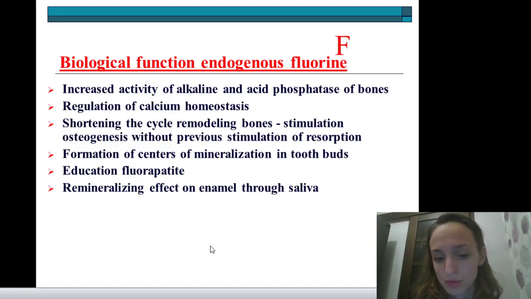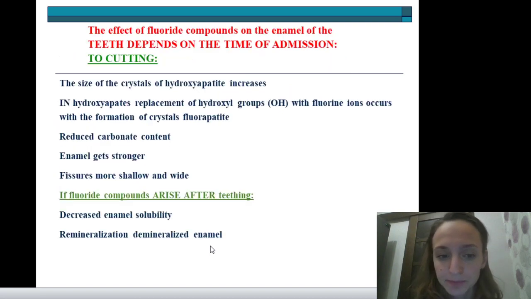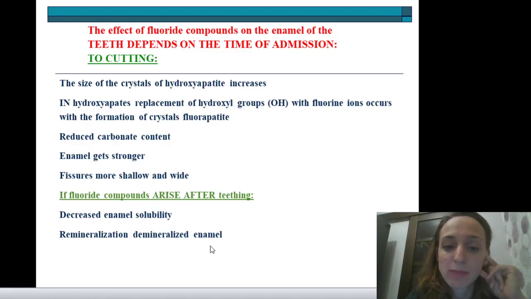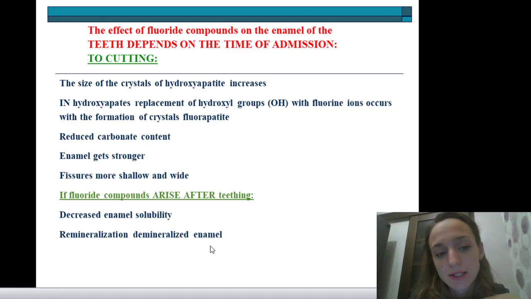Remineralizing effect on enamel through saliva, and the effect of fluoride compounds on the enamel of the teeth depends on the time of admission. So before eruption, the size of the crystals of hydroxyapatite increases, carbonate content is reduced, and there is a replacement of hydroxyl groups.